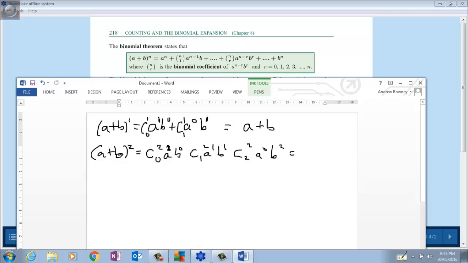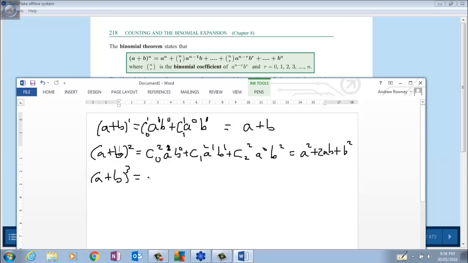Now if you simplify all that, C02 is 1, so that's a squared plus, this one here is 2, C12 is 2, so that's 2ab, and finishing off with b squared, and we saw that before.